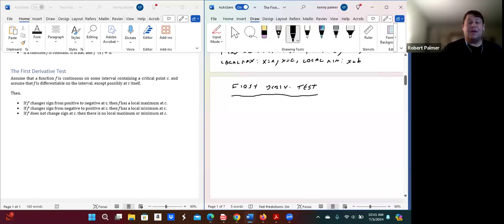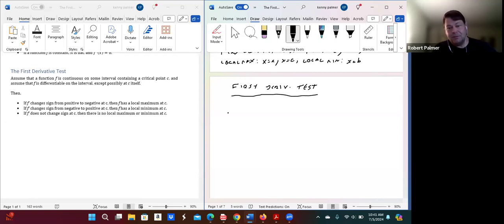Now, I also admit that a lot of these techniques were really important before calculators and computers, when people couldn't easily graph functions, so they needed other ways to figure out what the graph is, especially to find local maximums and minimums. They're still really useful for understanding what the derivative tells us and also about the function.